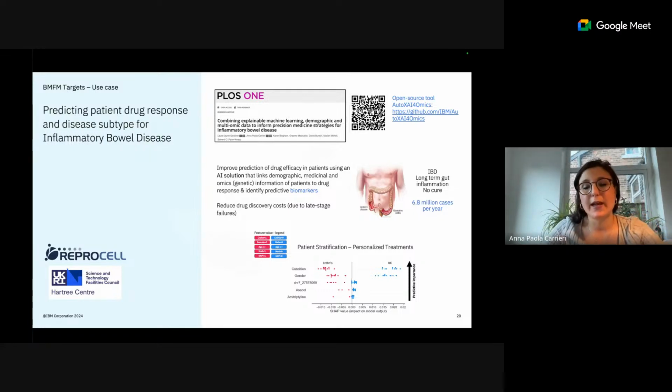So we developed a method to integrate demographic, multiomics, and medicinal data of patients to predict drug response.